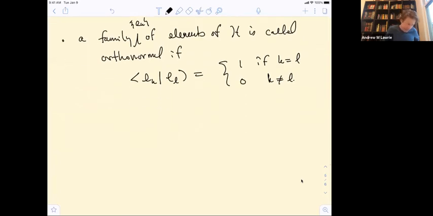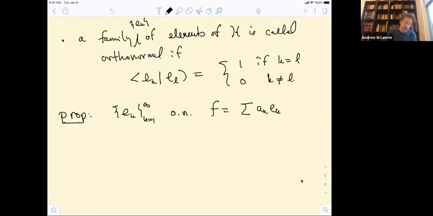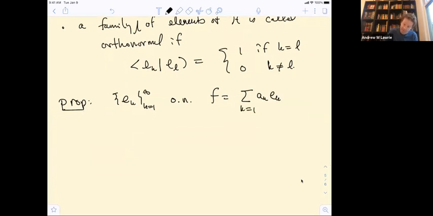And then a proposition, which immediately follows from the previous observation. If I have e_k, k equals 1 to infinity, orthonormal, and f is equal to a finite sum of a_k e_k, some linear combination of these, then the norm of f squared is equal to the sum of the squares of the a_k.